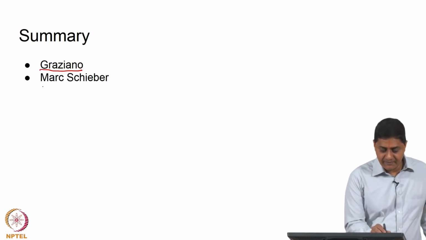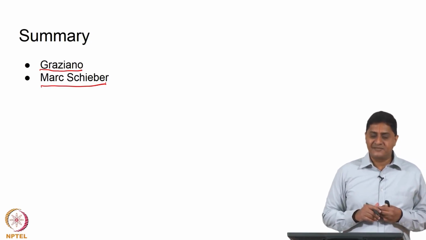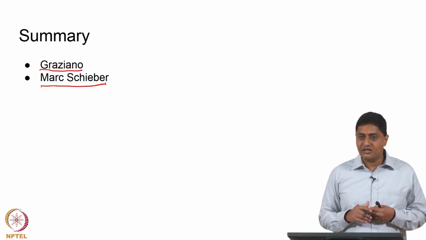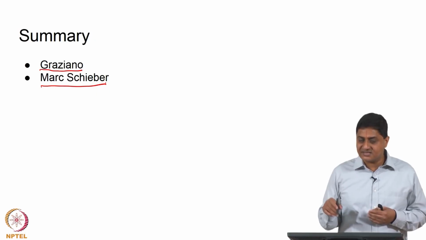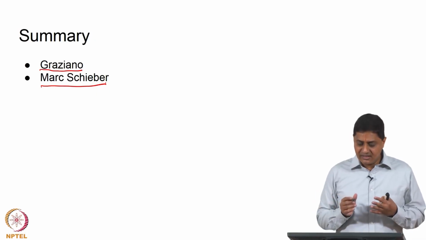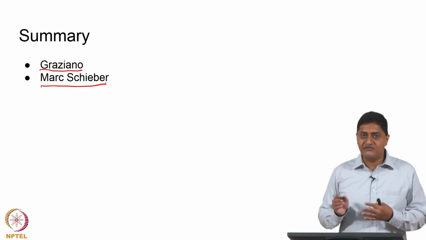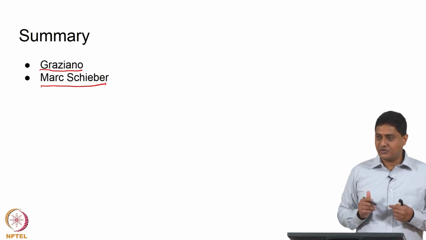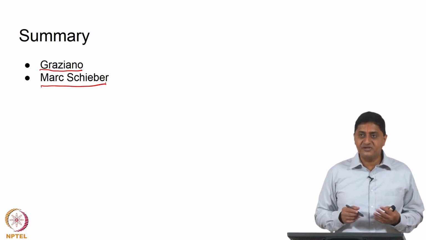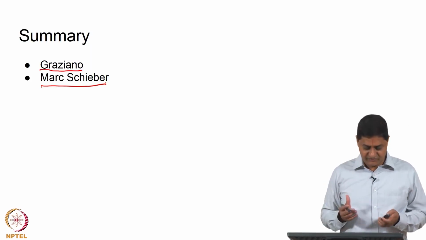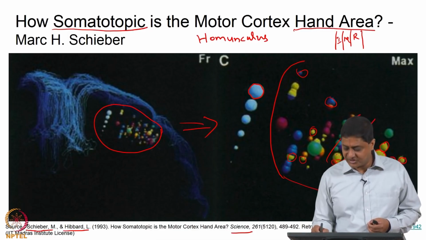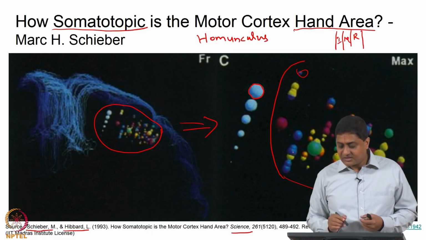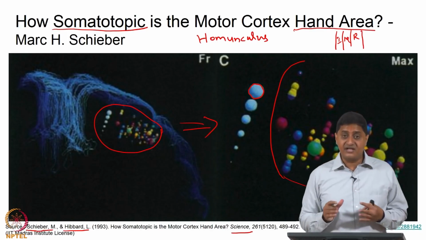And the work of Mark Schieber showing that the hand area of the primary motor cortex is not exactly somatotopic in the sense that there are strict boundaries, but rather the neurons that serve different fingers are distributed over a relatively large area. Okay. So, what is actually present is a mosaic representation. Also there is great convergence and divergence.